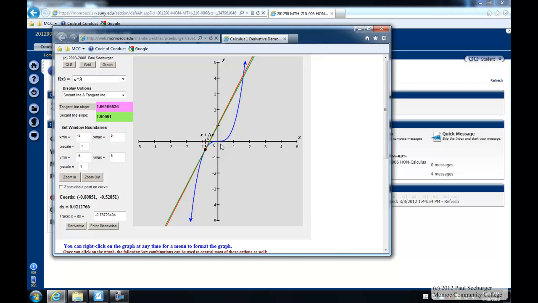If you get too close, it says no secant line because, of course, you have just one point. But you can see how, indeed, the values do approach it as we come in from the right or as we come in from the left. Again, if you get too close, it's not going to work. But this is the idea that we just worked with and looked at on the screen, sort of doing one at a time.